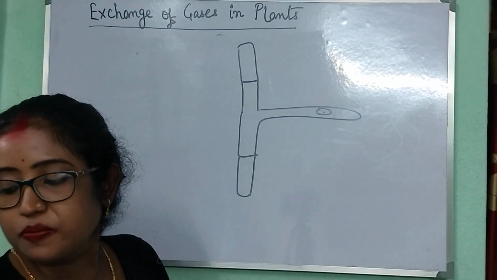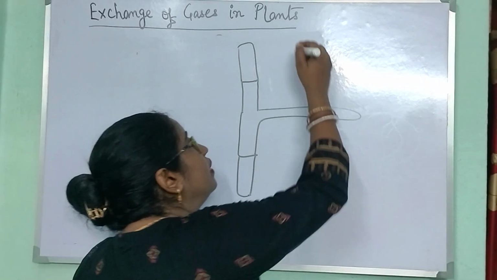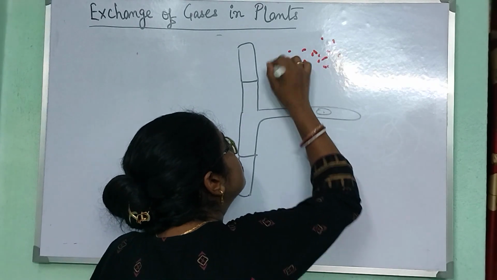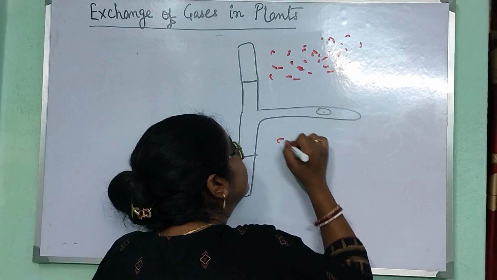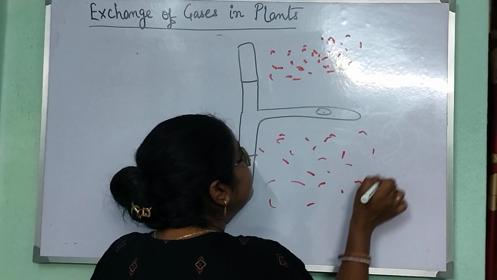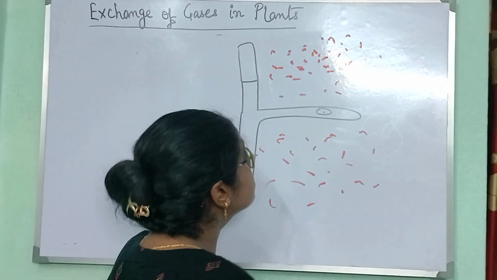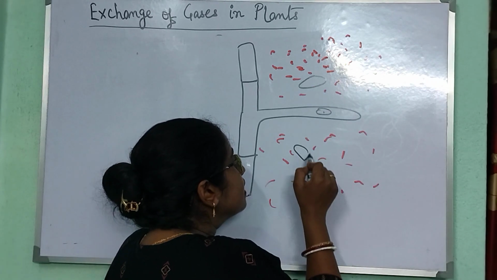Root is present in soil, as we all know. So, there are soil components or soil particles present along with some air spaces. So these empty spaces are called air sacs.